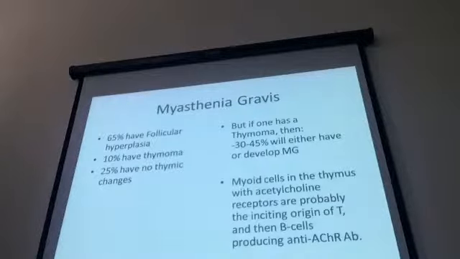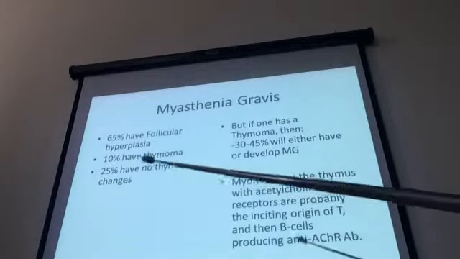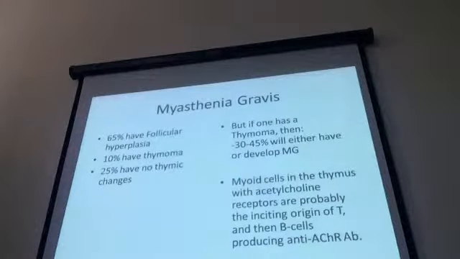This is interesting to think about, what causes the pathogenesis of myasthenia. As you know, it is due to antibodies directed at the acetylcholine receptor on the muscles. Okay? So how do people develop this?